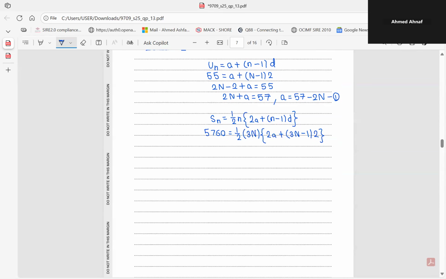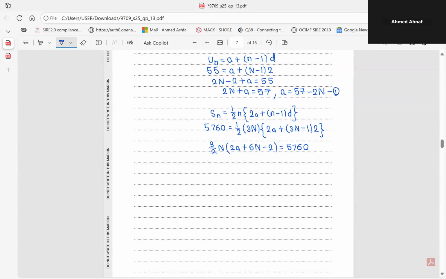Okay, and let's simplify this expression. So 3 over 2n times 2a plus 2 times 3n, that's 6n, and then 2 times minus 1, that's minus 2. This equals 5760.